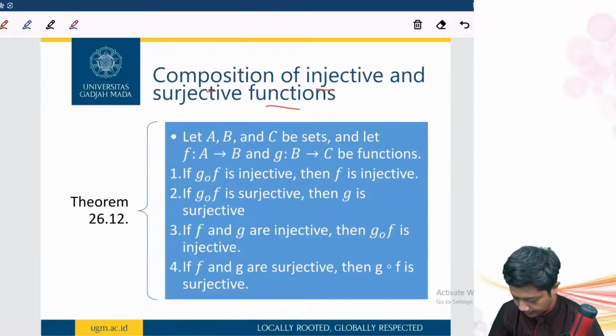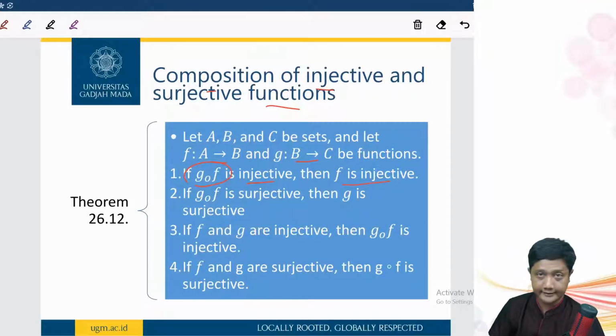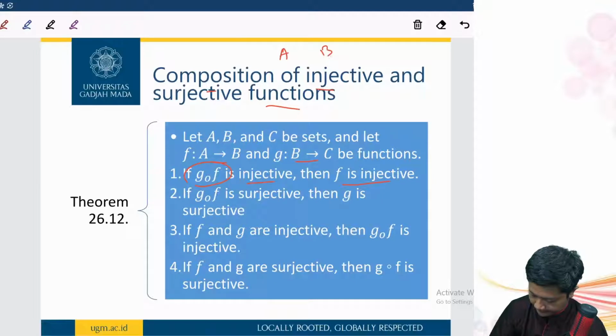Then we have this property. If we have F from A to B and G from B to C, if G∘F is injective, then F is injective. Why? Because remember, when you have G∘F injective, so we have A, B, C, right?